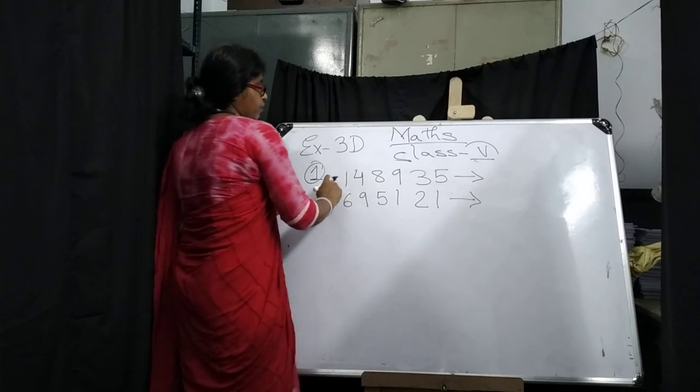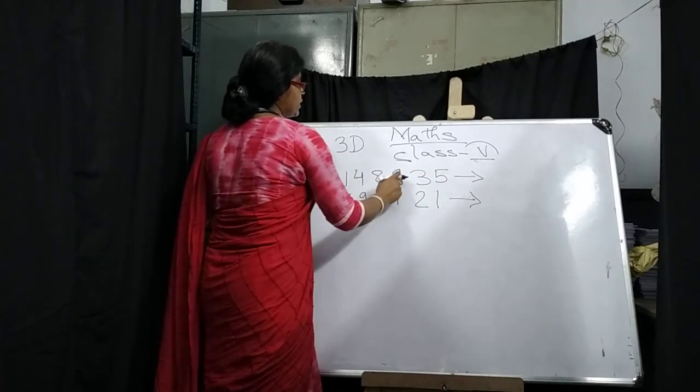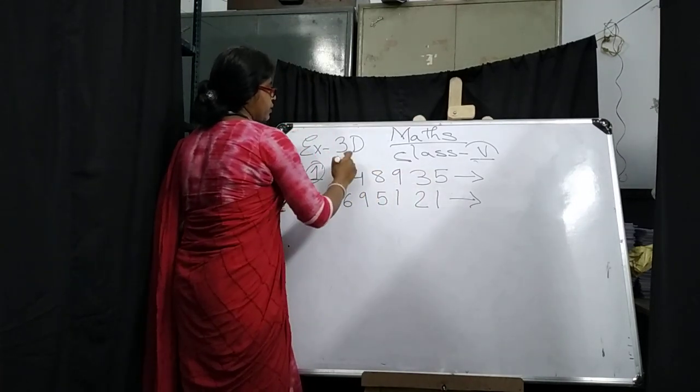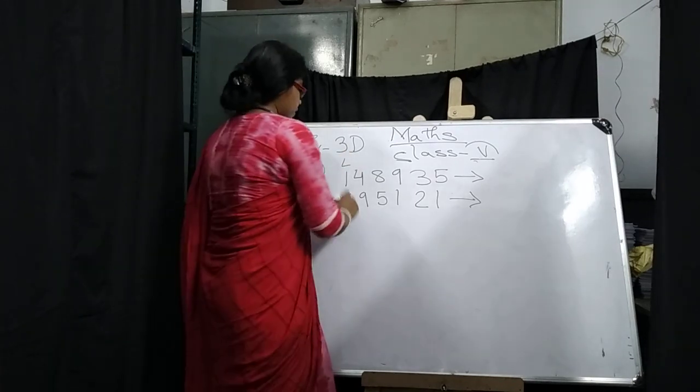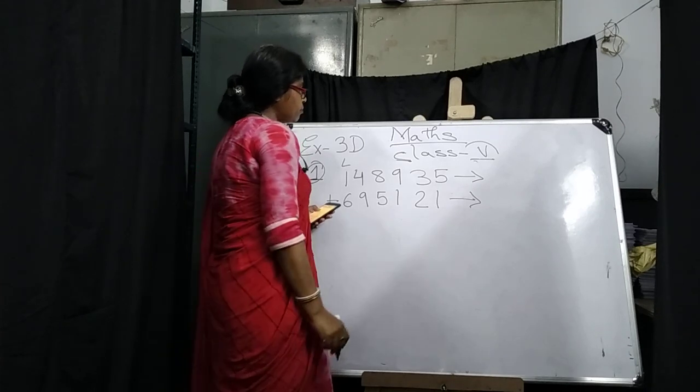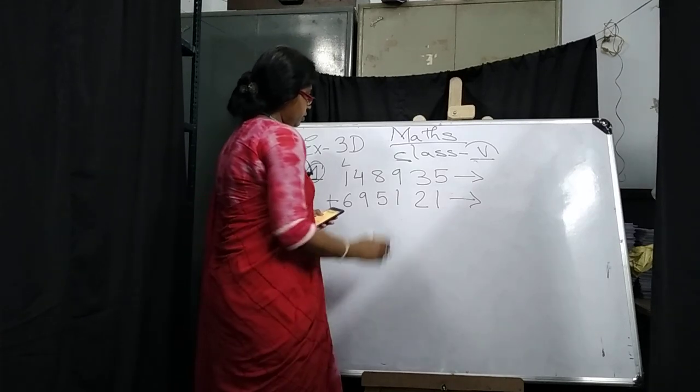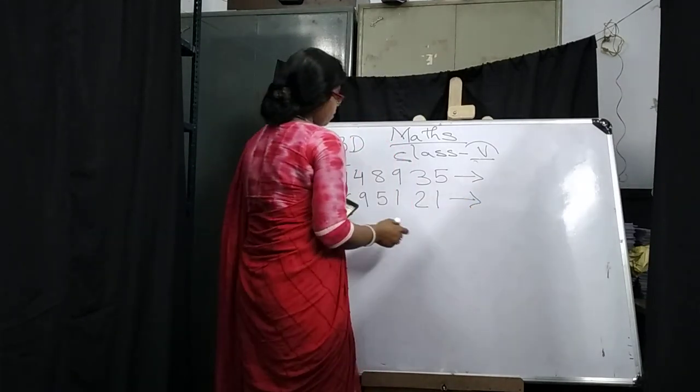So here we will round off ones, tens, hundreds, thousands, ten thousands, lakhs, to the nearest lakhs. So what will it come? It will come 1 lakh.